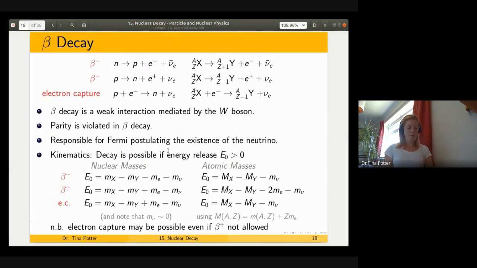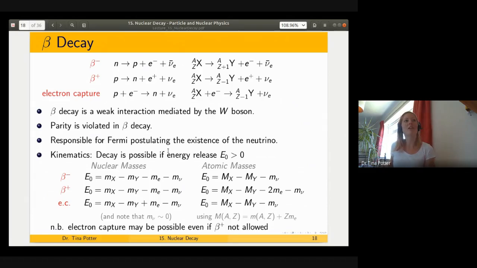Okay, so let's move from alpha decay into beta decay. And as I said a few slides ago now, there are 3 main types. There's beta minus, beta plus, and electron capture. Now, remember back in the particle part of the course, we had a look at neutrons changing into protons, and we had a look at this on the quark level.